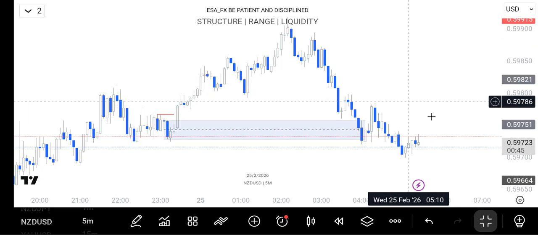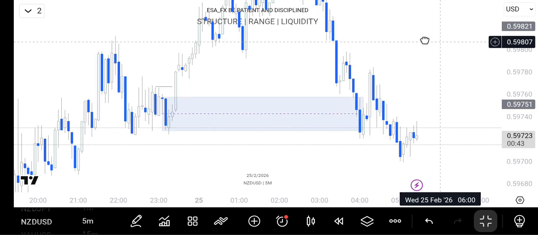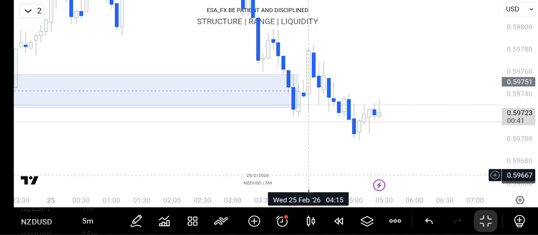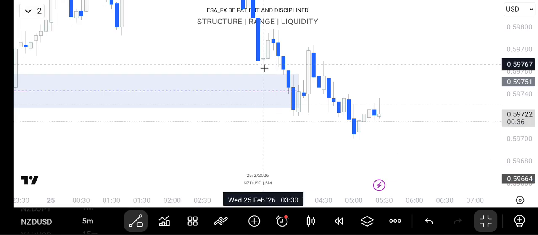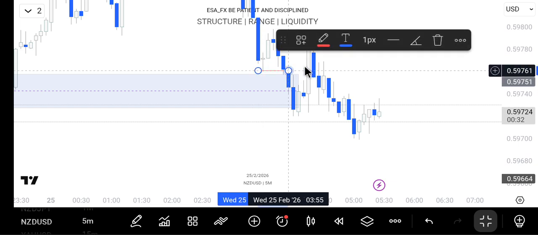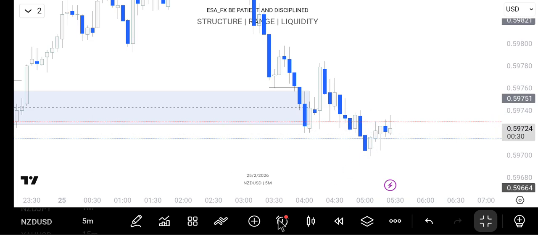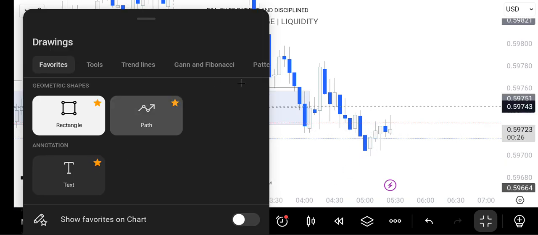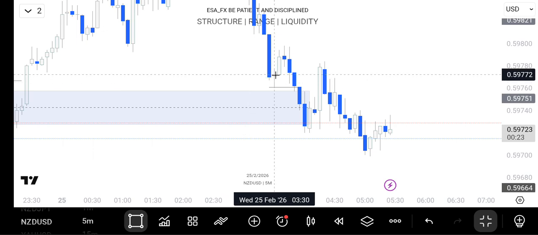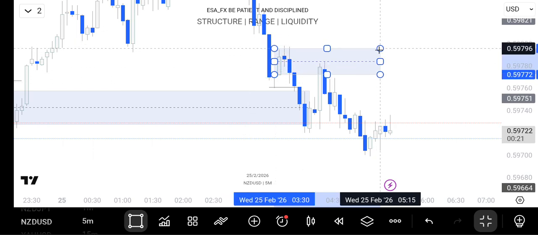Aggressive move to the downside causing a break of structure. So I have one bearish one here. A very valid, very obvious break of structure, and the last bullish candle before the down movement is the order block, right here. And notice what happened when price tapped it.